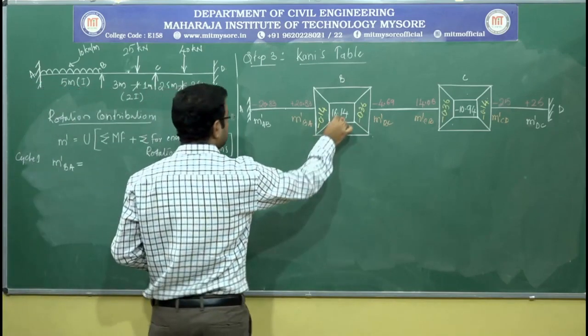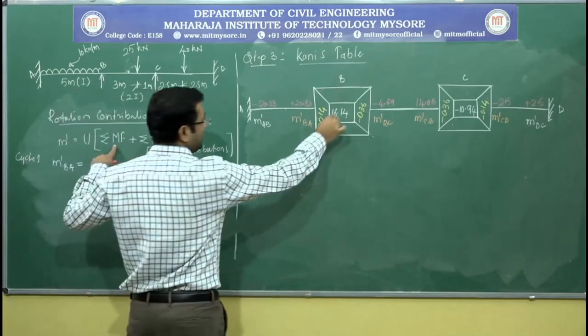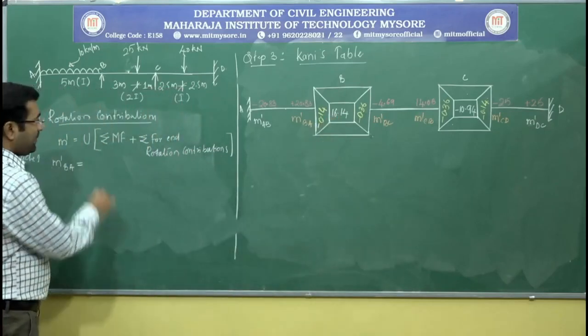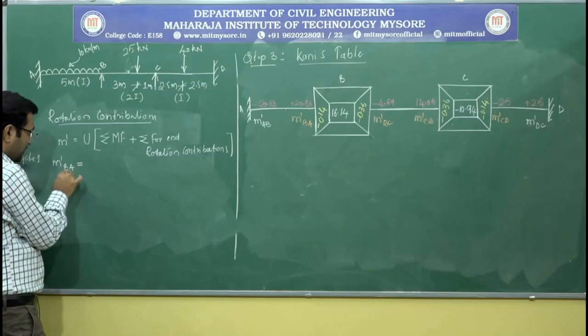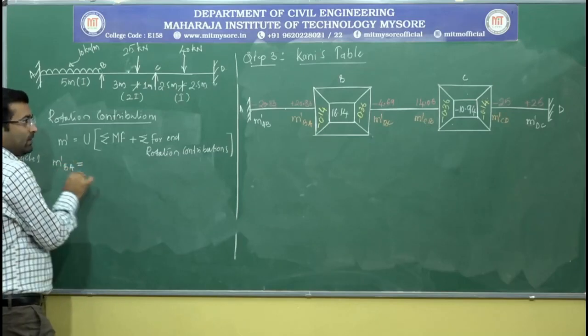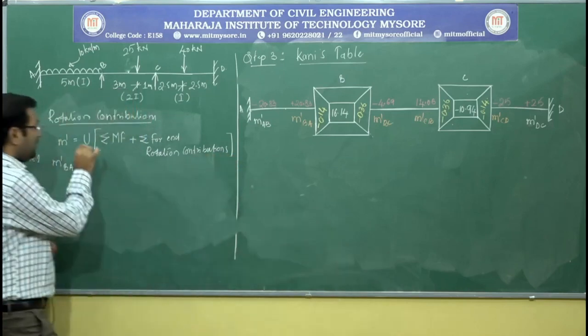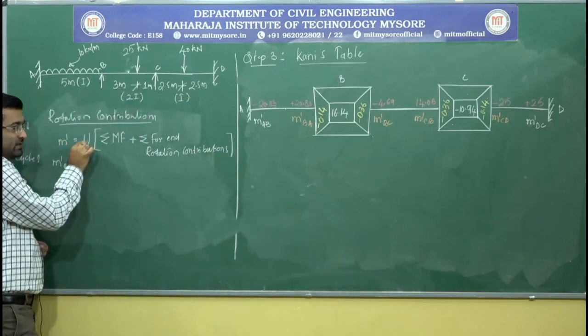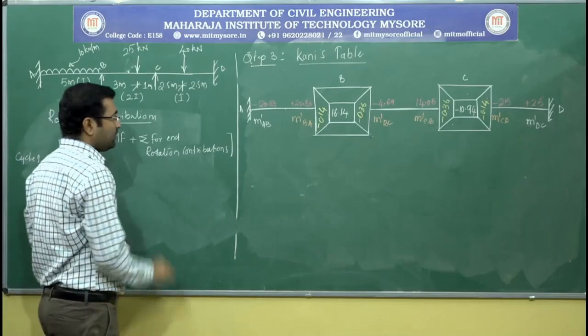So I have to use this algebraic sum of fixed end moments. Before that, as I am calculating the rotation contribution for BA member, how much is the value of rotation factor, that is U for member BA.